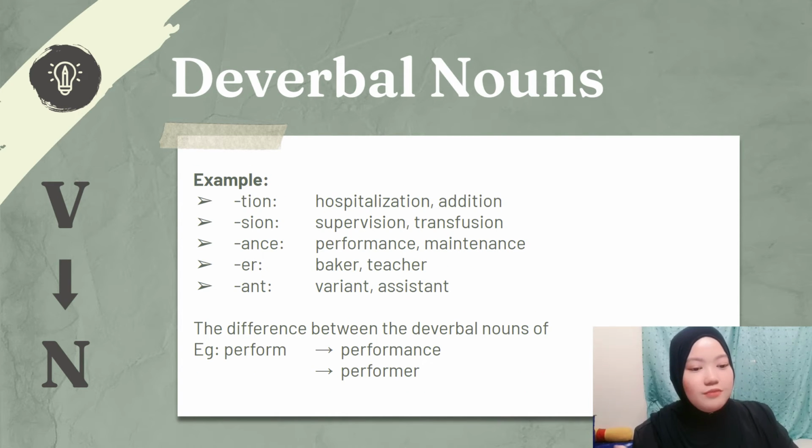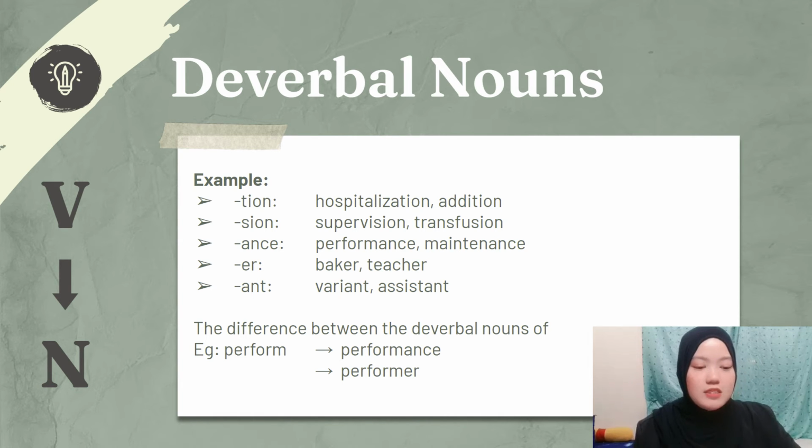The second component is the verbal noun, which is derived from a verb to a noun. For example, the suffix ation: hospitalize, hospitalization. Hospitalize is a verb, and then we transform it into a noun, hospitalization. Add, addition. And then the suffix sion: supervise, supervision; transfuse, transfusion. And also the suffix ance: perform, performance; maintain, maintenance.